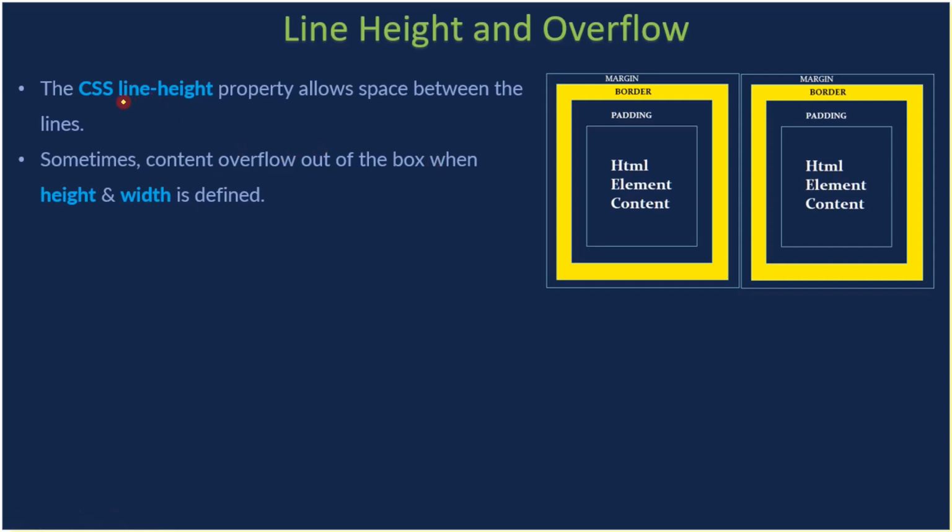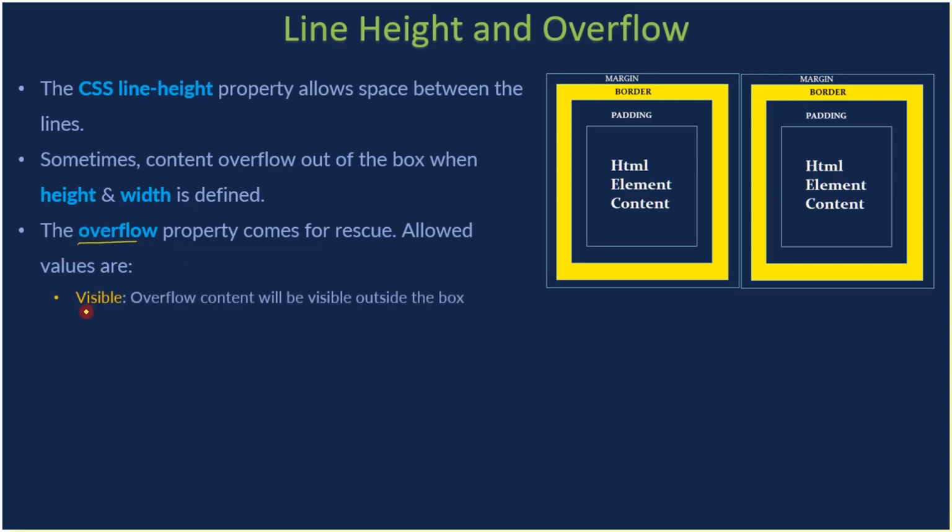Also, the moment we change the line height property, there is a possibility of content overflow, right? Content overflow can happen by defining the height and width as well as line height. The overflow property comes for rescue, and allowed values for this overflow property are visible.